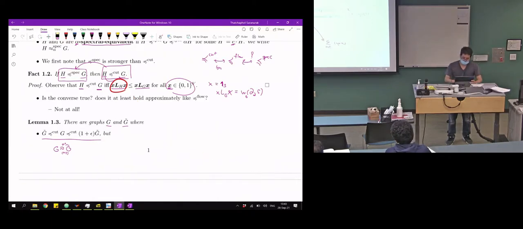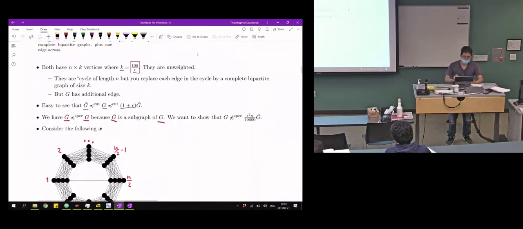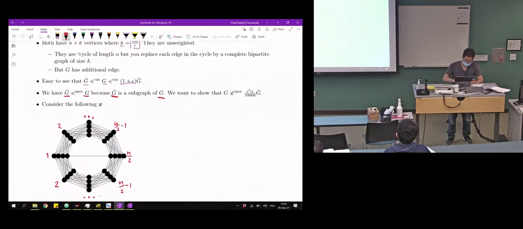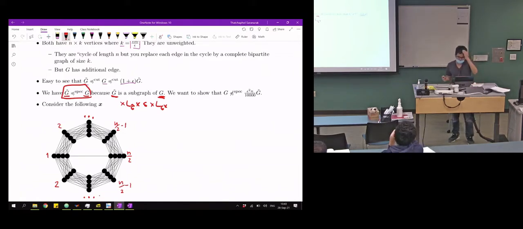So for any subgraph, if G tilde is a subgraph of G, then this thing will be less than this. Okay, so at least one direction is clear, but we want to show that G is not even less than n times G tilde.